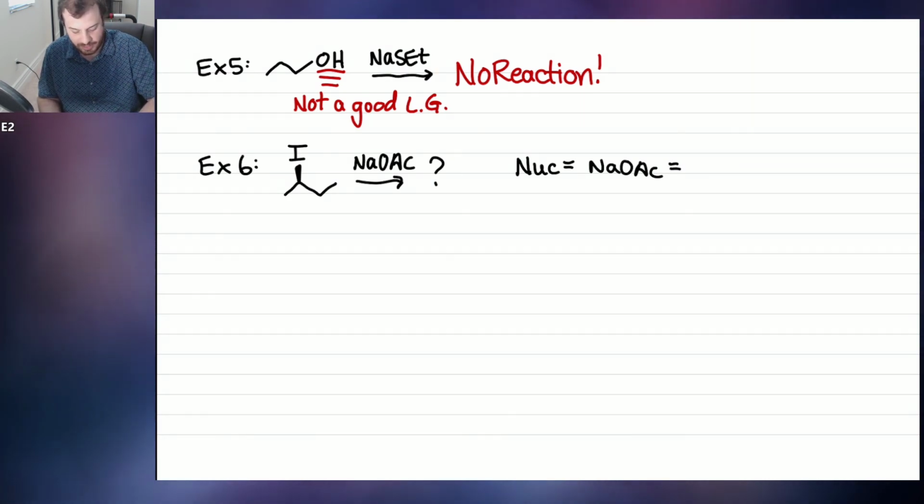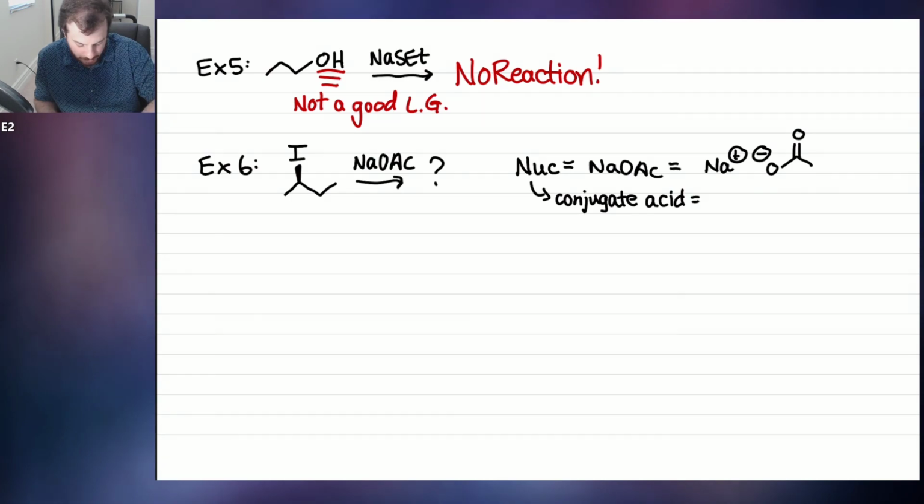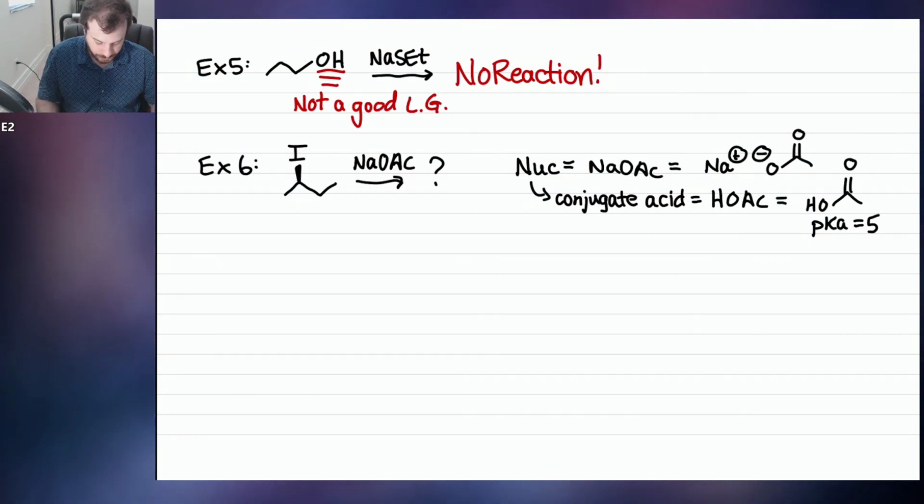So this is actually equal to Na plus O minus. It's a deprotonated carboxylic acid. So the conjugate acid equals HOAc, which equals acetic acid. Acetic acid has a pKa equal to 5. So that's going to be important for our table.